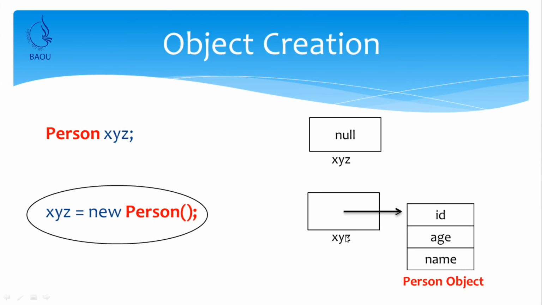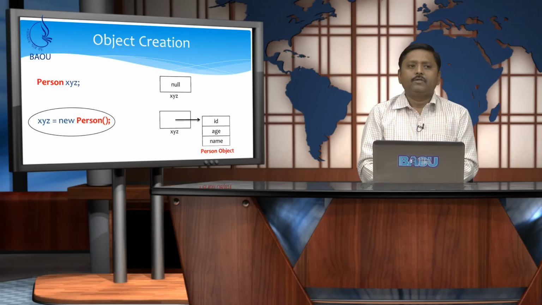Now, when I create a Person class object, it has 3 instance variables. So, it allocates memory for id, age and name depending on their type, and its address is stored inside xyz. So, you can access these members as xyz.id, xyz.age and xyz.name. So, this is how an object is declared and created.